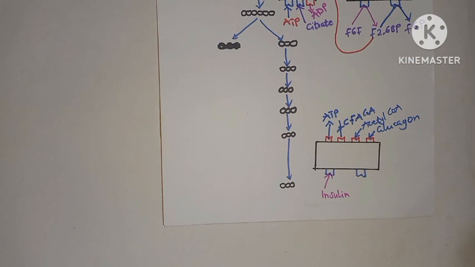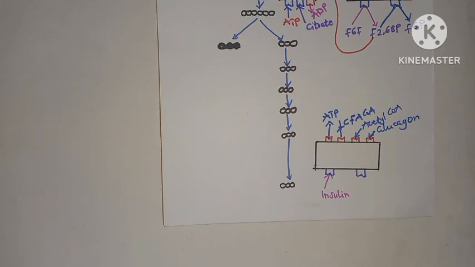So when fructose 1,6-bisphosphate stimulates pyruvate kinase, we call that a feed-forward reaction, meaning that fructose 1,6-bisphosphate is producing a large amount and then sending a signal to tell pyruvate kinase to get ready or increase its activity.